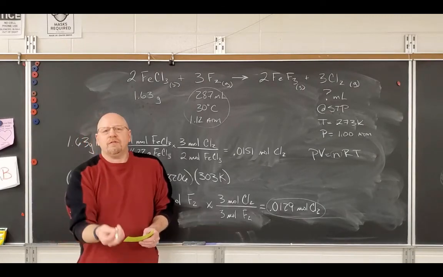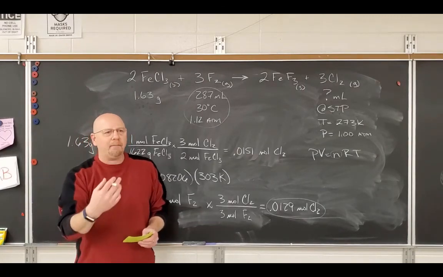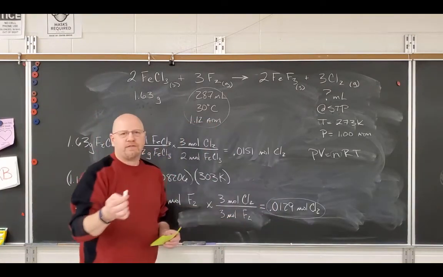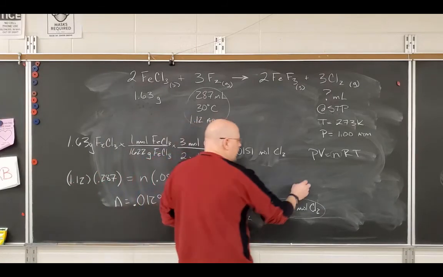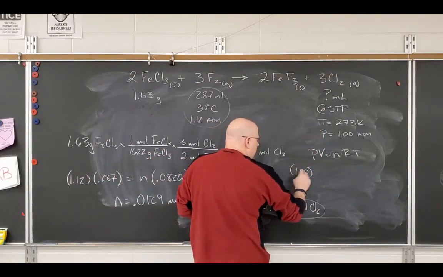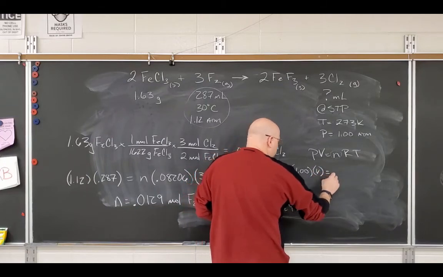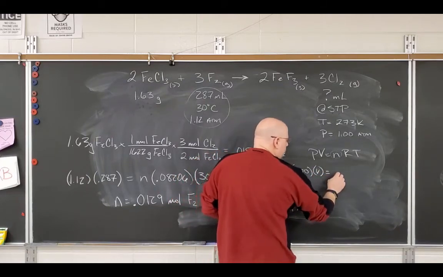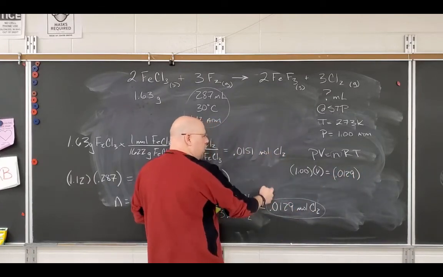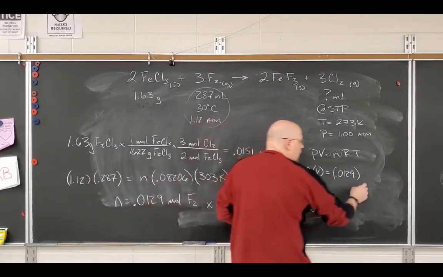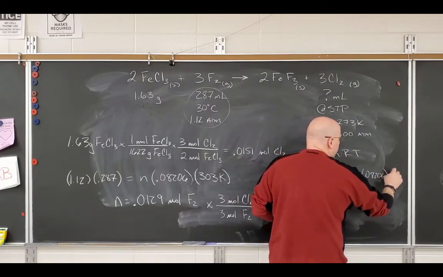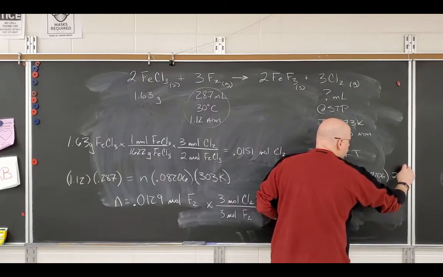So I'm not going to do the ideal gas law twice. I'm only going to do it once. I'm going to use this value, which we know will give us the smallest amount, and plug in. Our pressure is going to be 1.00. Our volume is what we're looking for. Our moles is 0.0129 because it's the smallest moles of these two. 0.08206 and a temperature of 273.